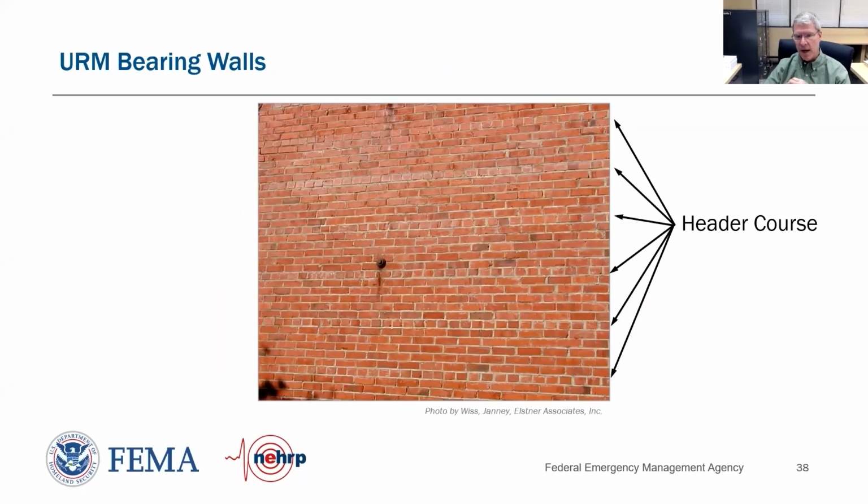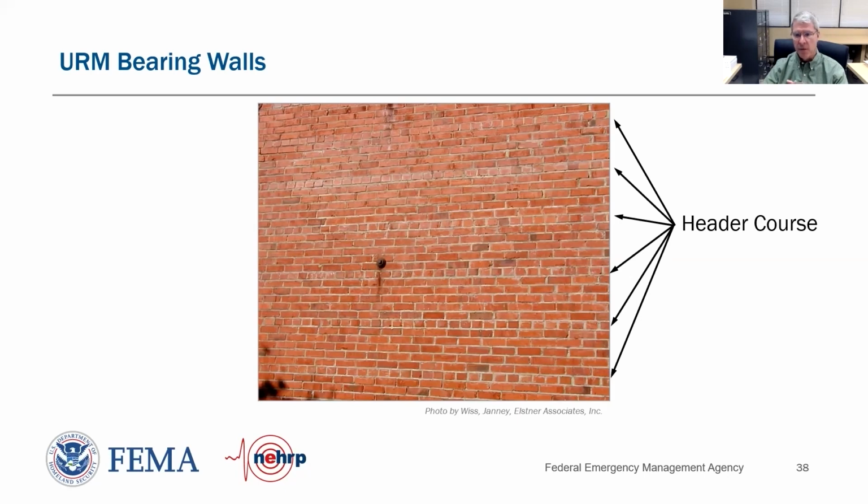Telltale sign, here's a photograph of the exterior of the unreinforced masonry wall. What you'll find is that in the outer layer of wall, roughly every 7 or 8 courses, they'll turn the bricks a short distance out, and then the length of the brick goes towards the interior of the wall or the building, and that engages another wider layer of brick, and that's how they can make a wider wall.